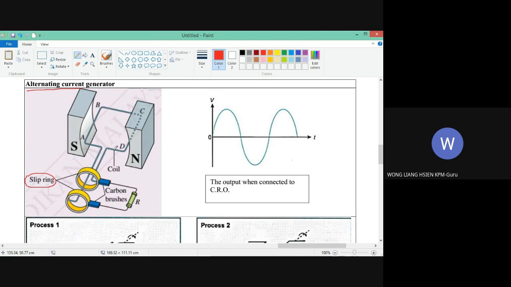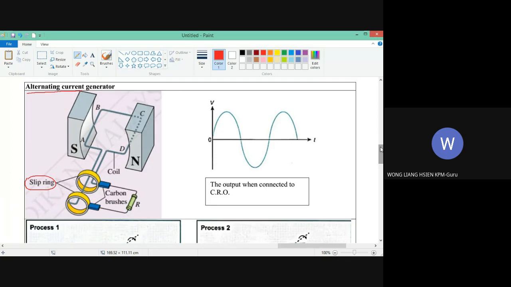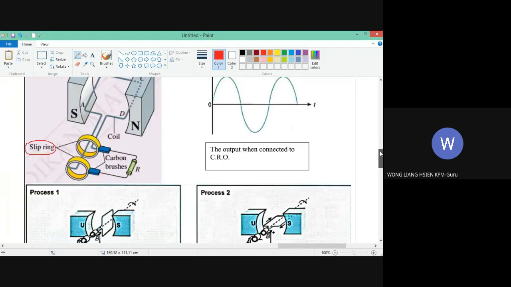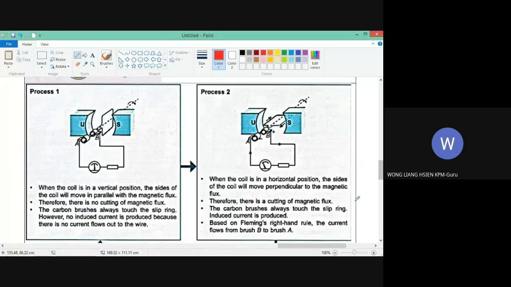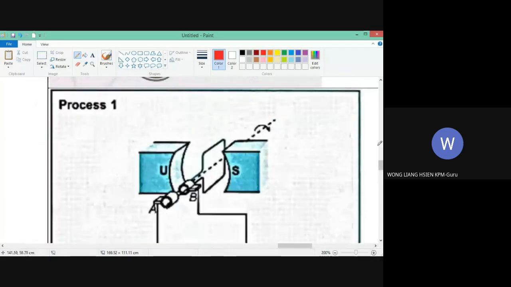The two slip rings also connect to carbon brushes, and then to a load, here the resistor. Now let's look at how it works. Same thing, process 1.